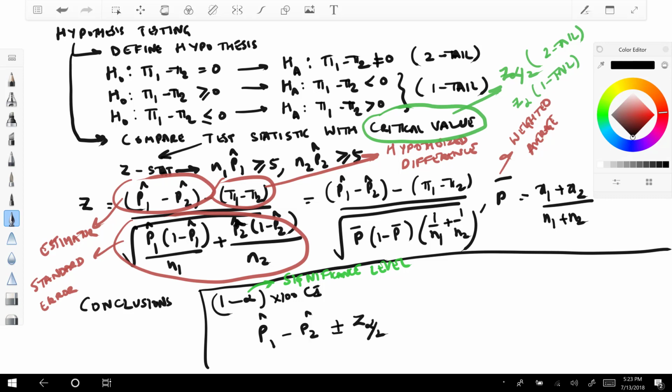So if we have a one tail, we will have only one bound, so this becomes z alpha, and this is a two tail confidence interval, and then the formula is square root of p1 hat times 1 minus p1 hat divided by n1 plus p2 hat times 1 minus p2 hat divided by n2.